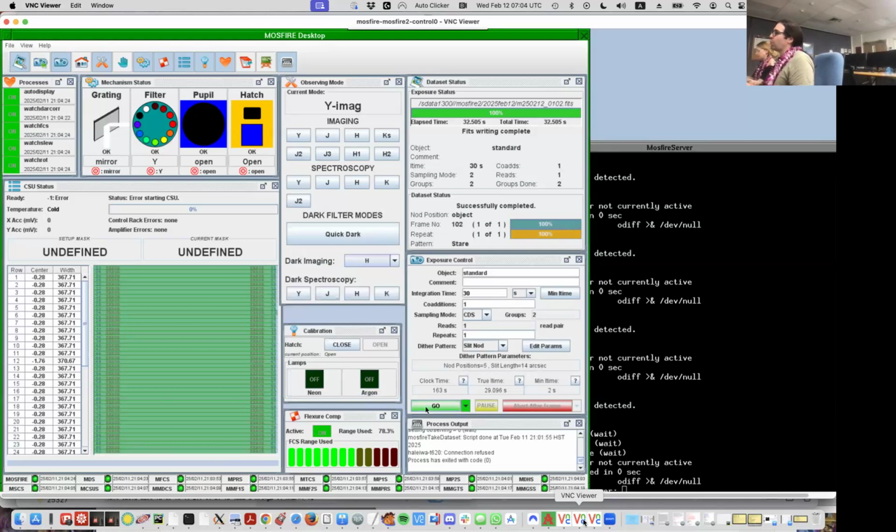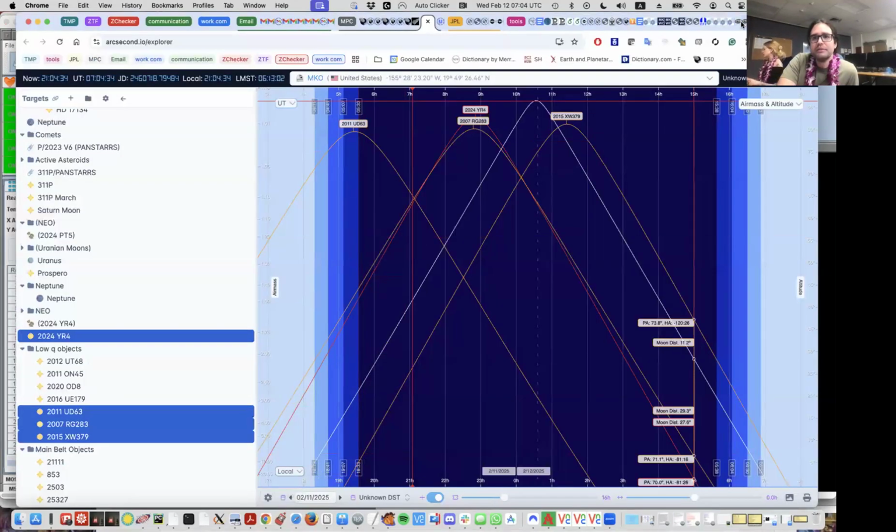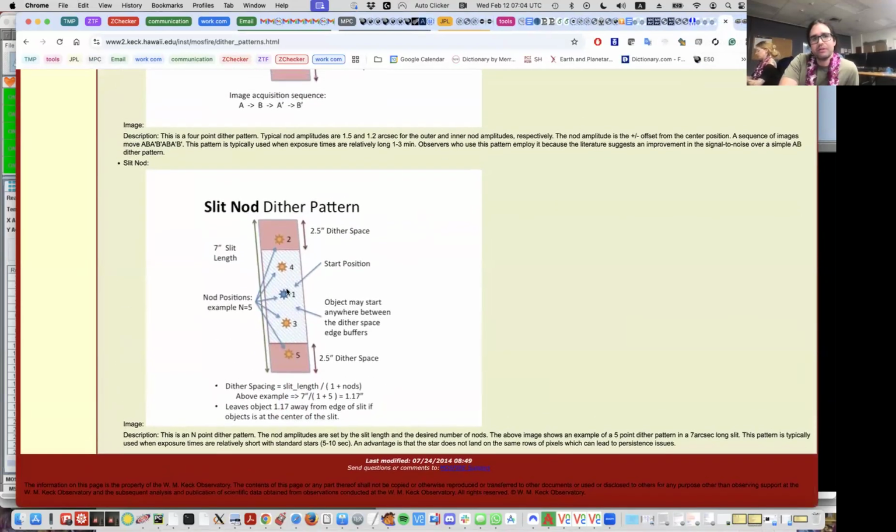So we are going to hit go. What should happen is that this star should dither up and down the slit. I'll show the cartoon. It's very well centered. Hold on. Postage stamp. Yeah, thank you. So this is called a slit nod pattern.